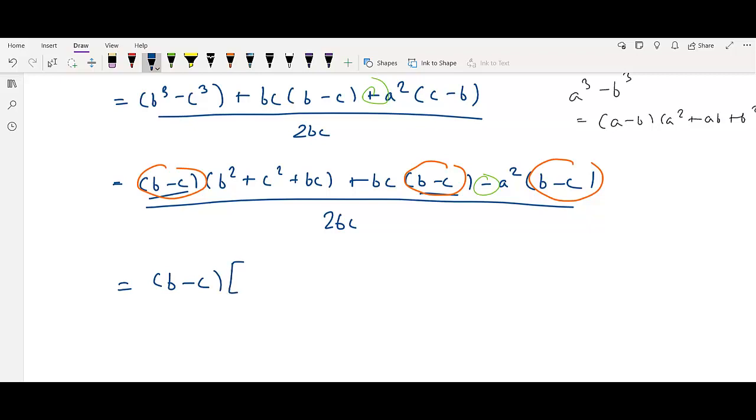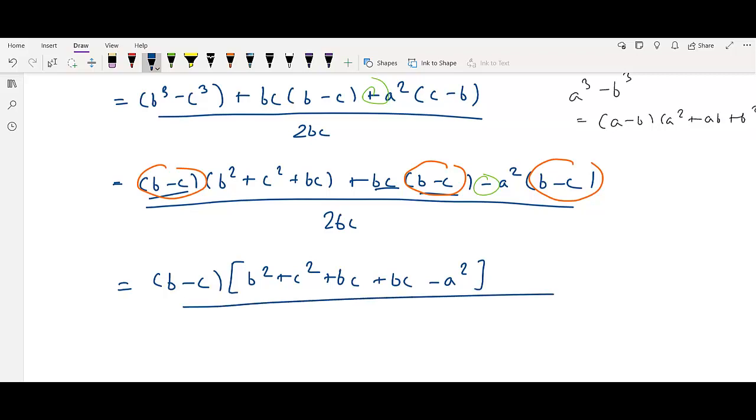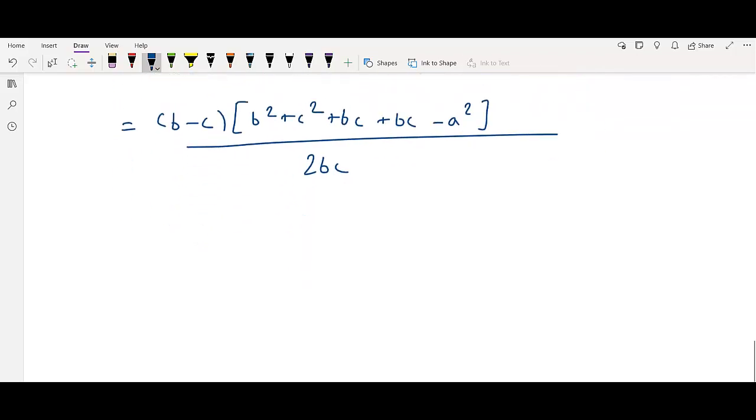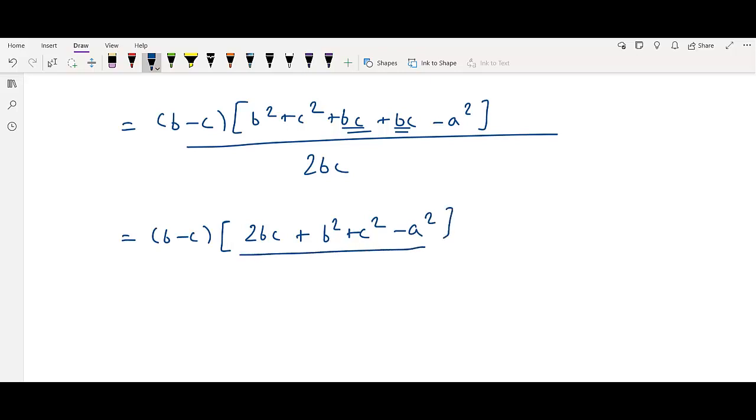That leaves me with b square plus c square plus bc, b square plus c square plus bc, plus this bc, and minus a square, okay, upon 2bc. Now these bc's will add up, so I get b minus c, 2bc plus b square plus c square minus a square upon 2bc.